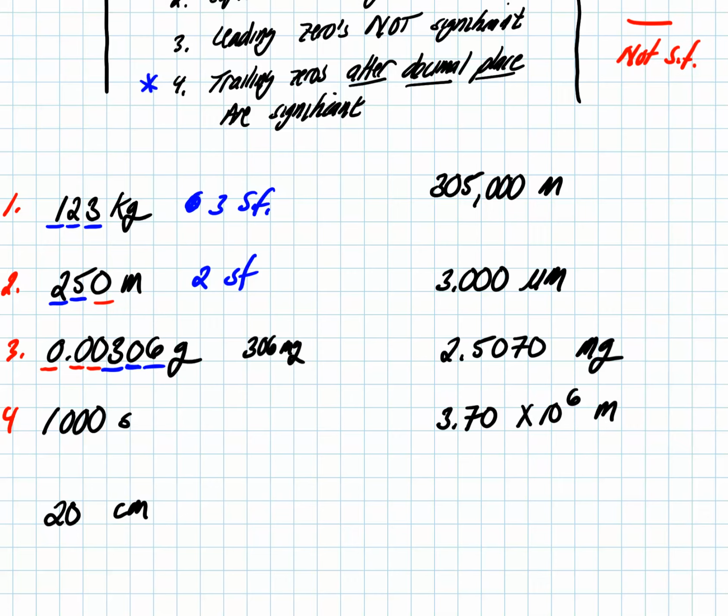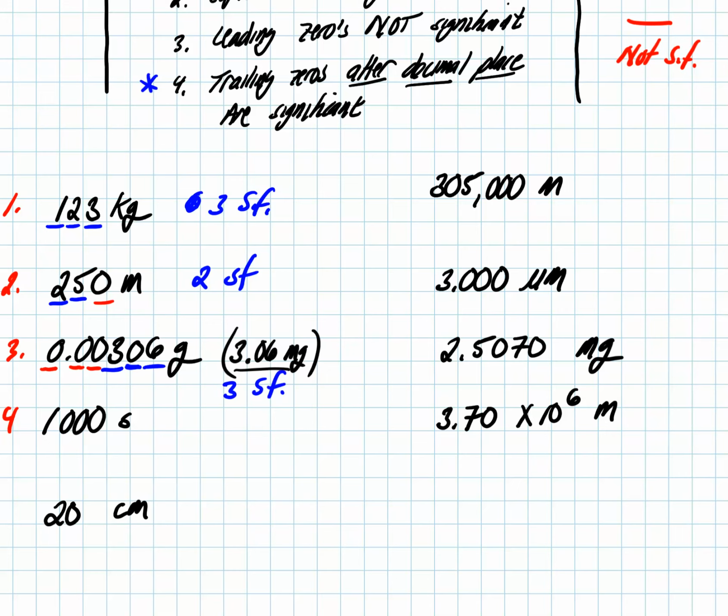Doesn't matter. I lied. It's not 306 milligrams. It's 3.06 milligrams. But my point still stands, because those leading zeros just disappeared. Okay, so this one is 3 significant figures.